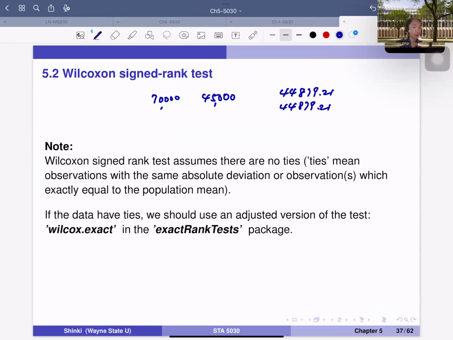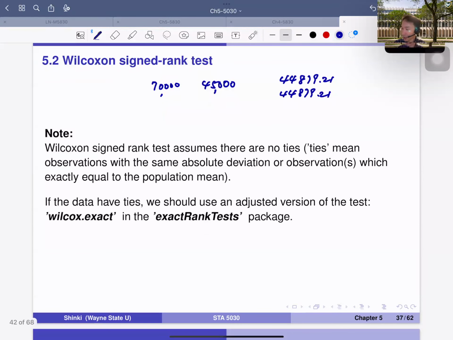Usually when we consider continuous random variables, the probability that two observations exactly match is zero. If that assumption is violated, then we have a slightly more accurate version of the test, the Wilcoxon exact test in the exactRankTests package.